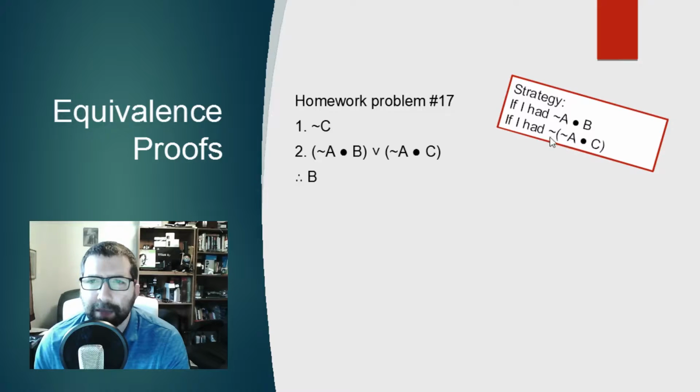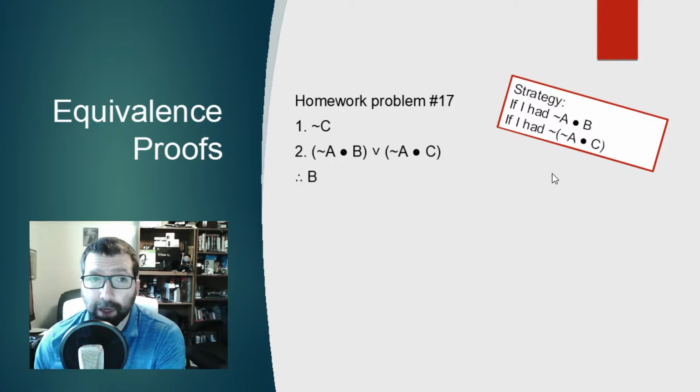All right, we need to somehow find this. Not A and C. All right, well, how could we get that? Well, you notice this statement here, this not A and C, it's got this not in front of a parenthesis with a dot in it. You can use De Morgan's rule on this to remove this not and change this into an or statement. So if you want to, just pause the video right here.